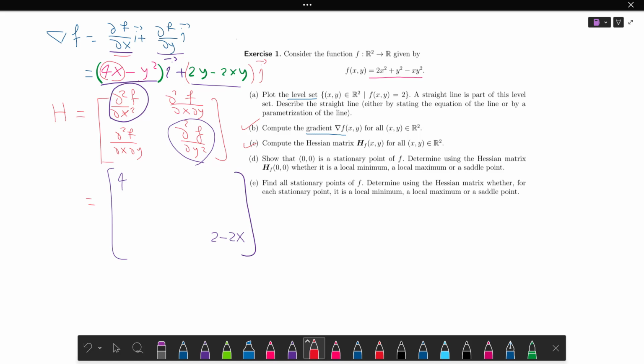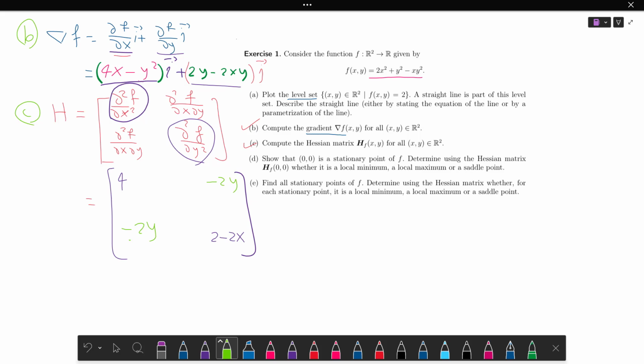No, this is 0 for this one, but not for this one. I said this is symmetric, so no need to do this one again. Symmetric means the entry in the first row, second column is equal to the entry in the second row, first column, right? Now we finish the Hessian matrix. This is the Hessian matrix, right? So this is section B. This is section C.